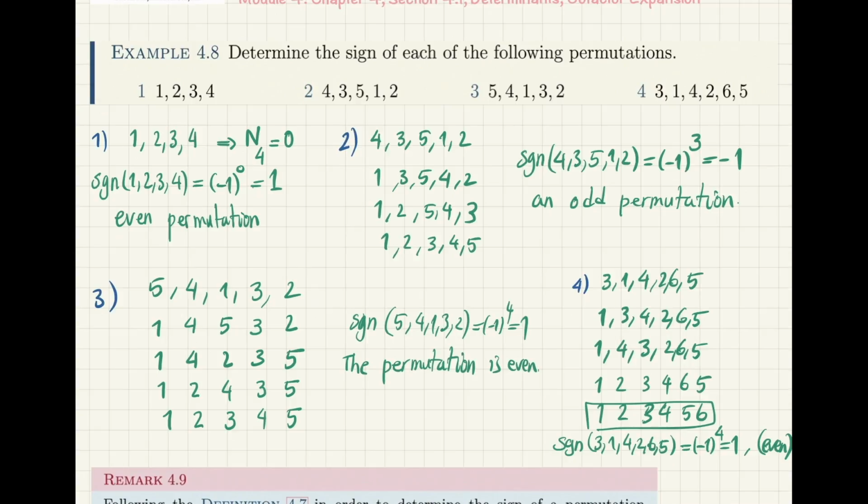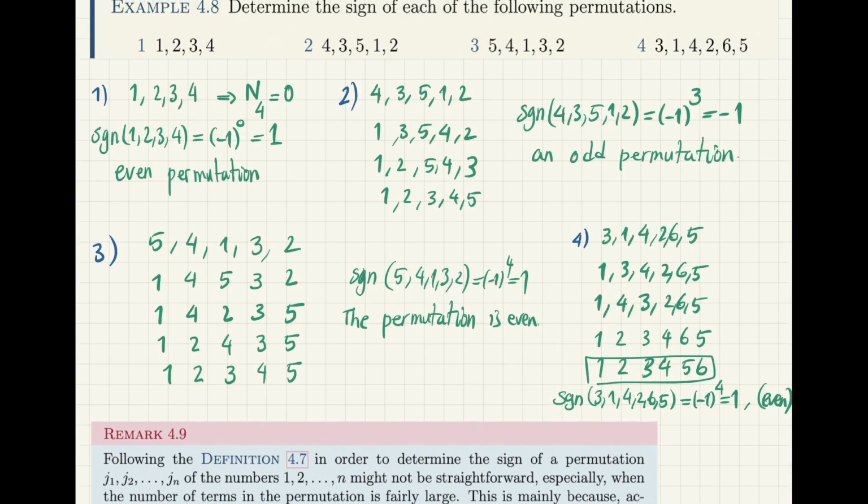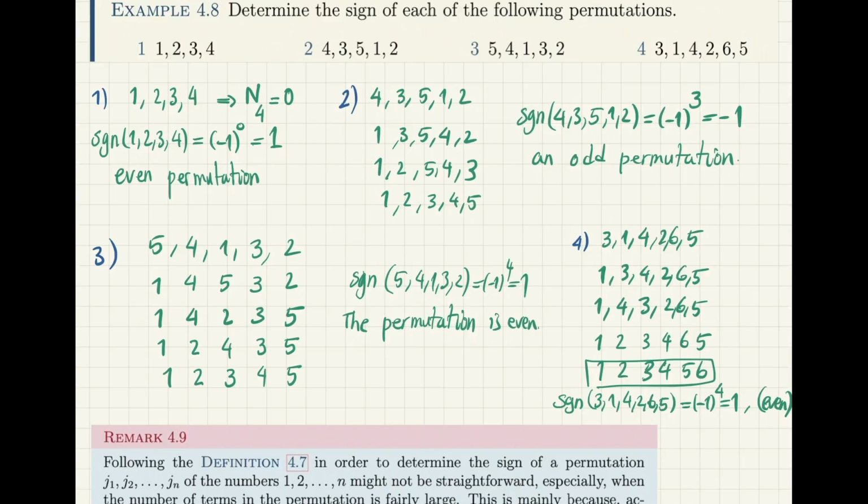But of course, I didn't provide any rigorous proof for that. I think you agree with me that convincing ourselves that what we have done is the optimal way, and that it would not be possible to do the job in a fewer number of steps, is not that easy, especially if the number of terms in the permutation is fairly large.